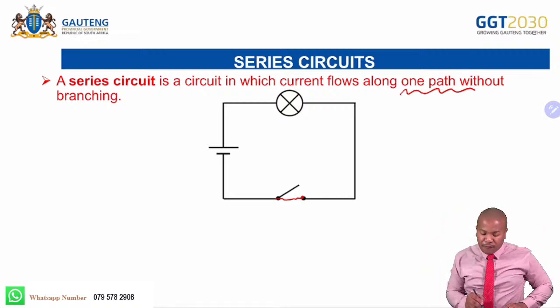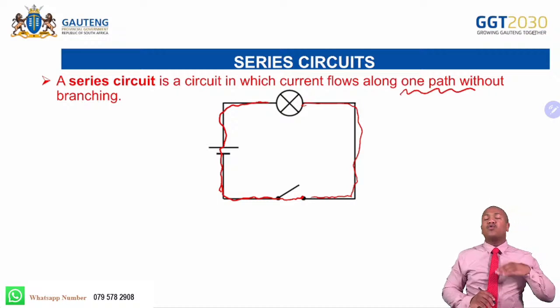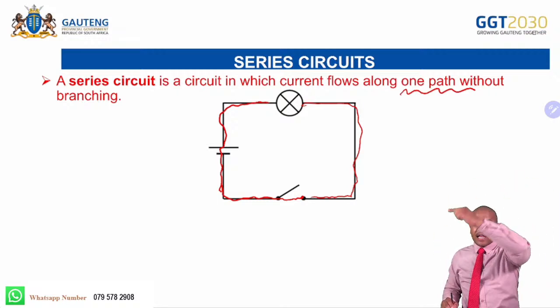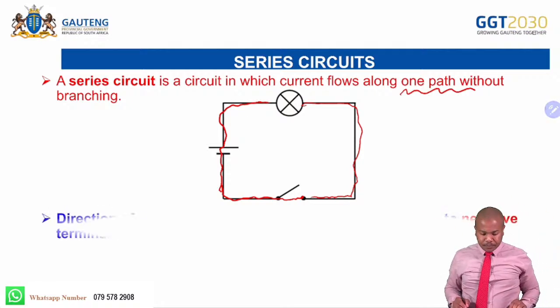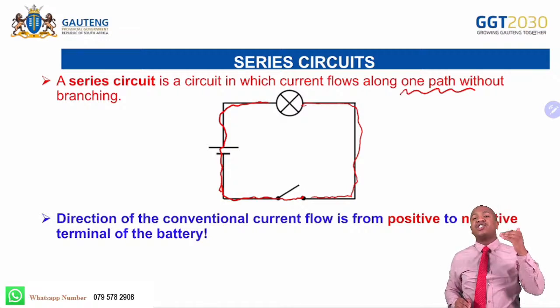So it follows one direction without branching out to other branches. It follows one pathway. It flows along that circuit repeatedly. So what happens here? The direction of conventional current flow is from the positive to the negative terminal of the battery.